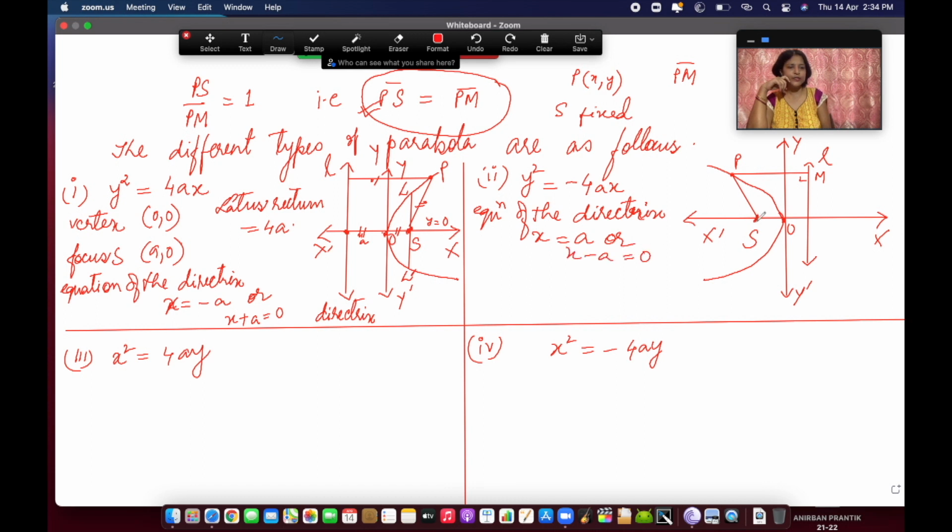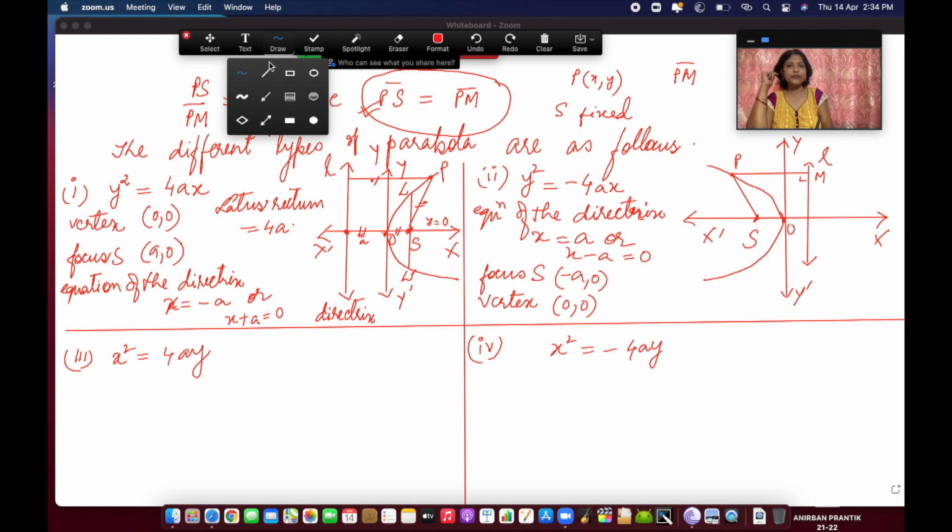We have the focus S, which is on the negative x-axis. So, the coordinates of the focus S are minus a comma 0, and the vertex is the origin, that is 0, 0.